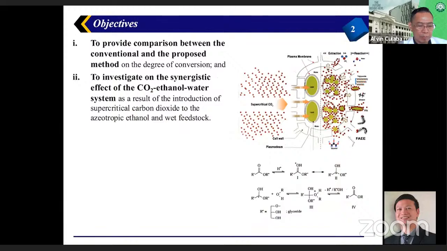This study aims to provide comparison between the conventional and the proposed method and investigate the synergistic effect of the supercritical carbon dioxide, ethanol, water system in the production of fatty acid ethyl ester using wet feedstock.